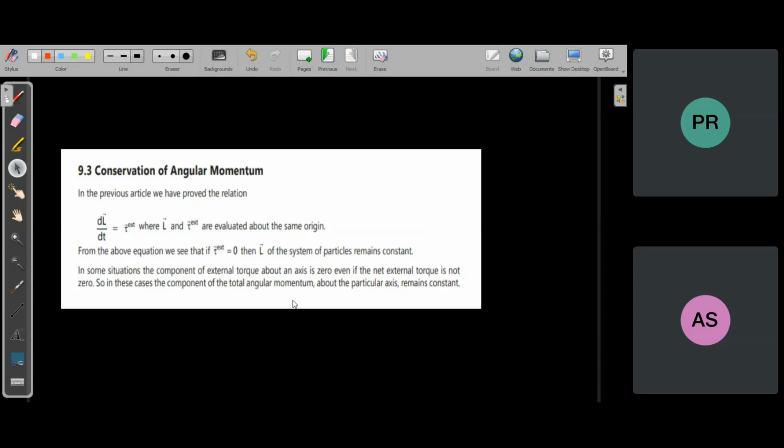It says that if there is no net external torque about the axis, then the angular momentum of the body will remain constant.